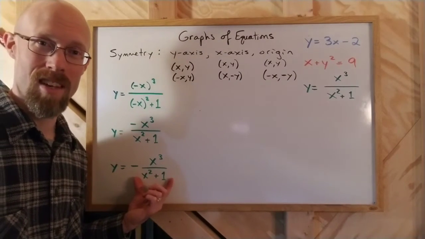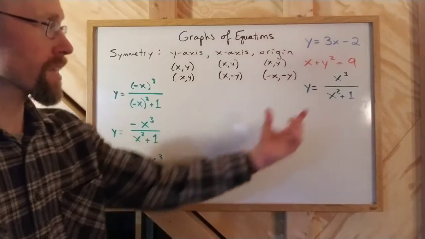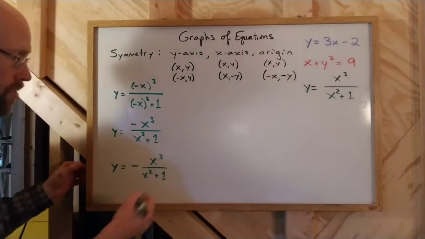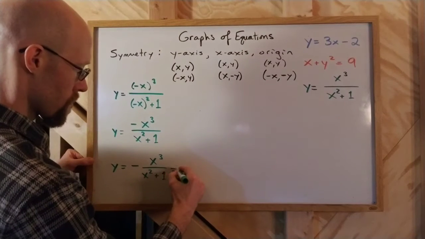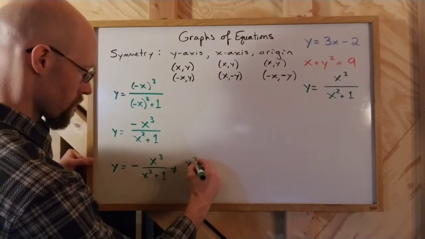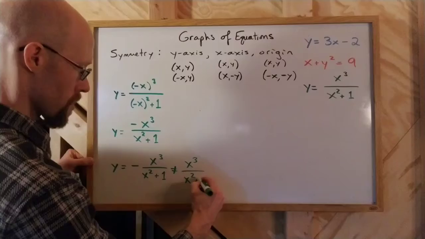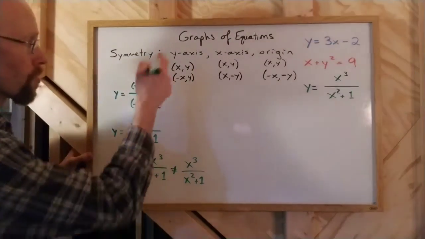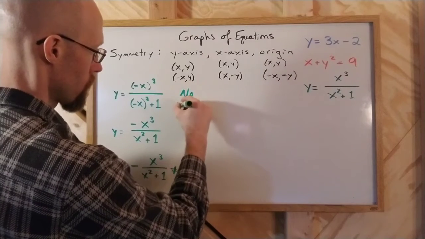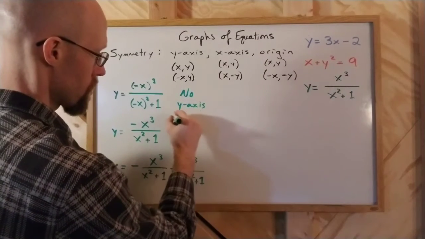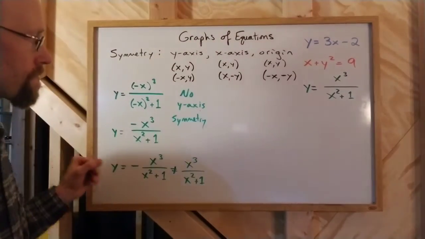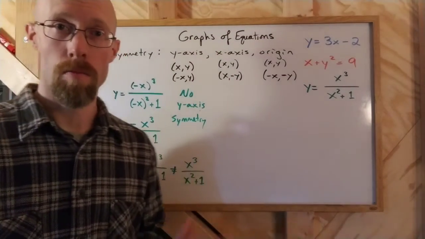Okay, these are not the same. So this equation is not the same as this equation. They're opposites of each other. Okay, and so we'd say this is not equal to the original x cubed over x squared plus 1. And if they're not equal to each other, then we have no y-axis symmetry.